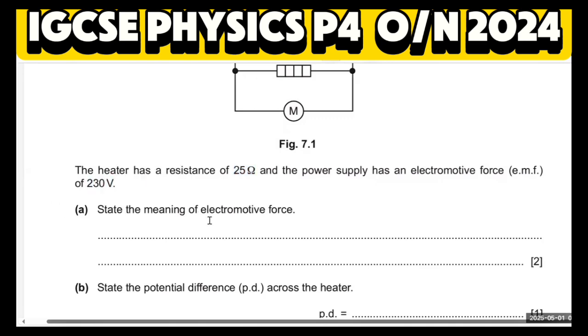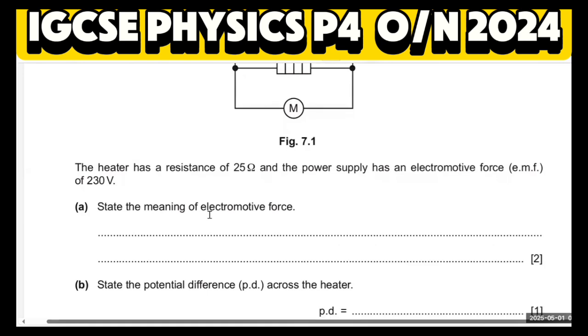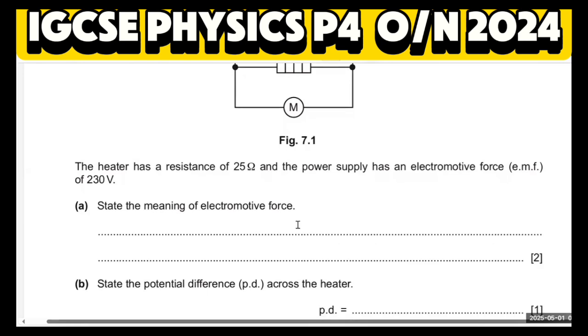First of all, state the meaning of EMF, electromotive force. It's a 2 marks question, so you need to write 2 points. First you write what EMF is. The battery does work on the unit charge. So this is for 1 mark. Sometimes they ask 1 mark questions and sometimes 2 mark questions. So, work done on unit charge.